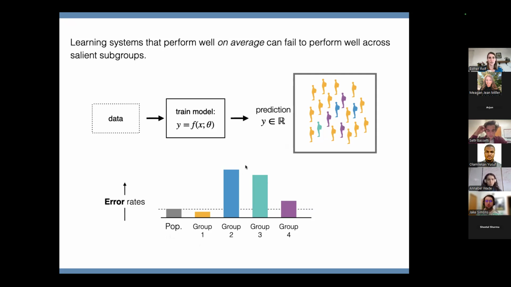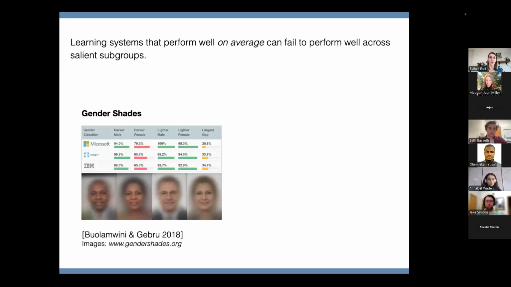And this is a cartoon version of something that actually happens in the real world. So the Gender Shades study very famously showed that commercial facial recognition software systems misclassified certain subgroups of the population at much higher rates.